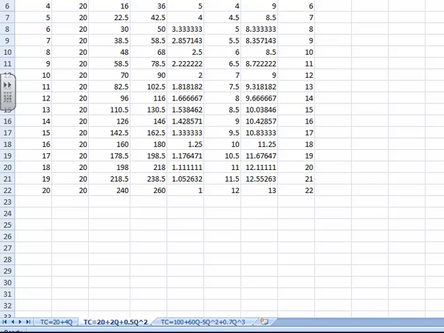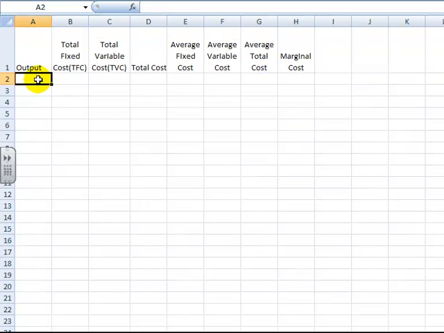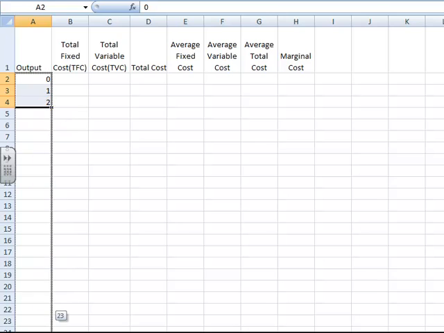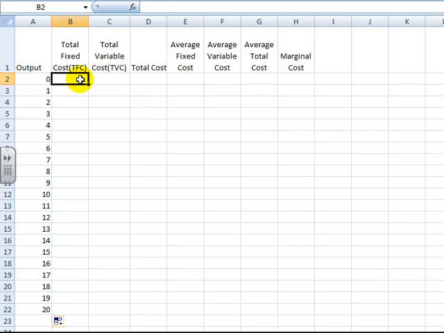Okay, next, let's say the function is total cost equal to 20 plus 2q plus 0.5q squared. Again, let's put in the output from 0 to 20. Then total fixed cost. Total fixed cost we already know is equal to 20.